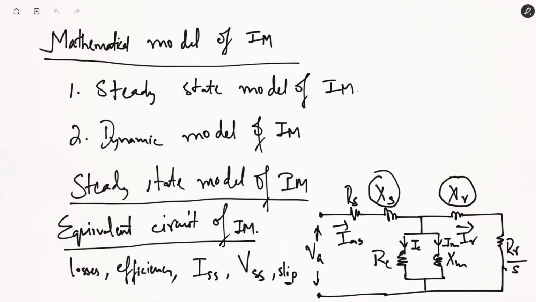To understand the three control strategies, we need to understand the mathematical model first. You have the steady state model and you have the dynamic model. We have not taken up the dynamic model yet. The steady state model is simply the equivalent circuit of induction motor that you have already studied in your machines course. When you derive the equivalent circuit, you start with analysis of losses.